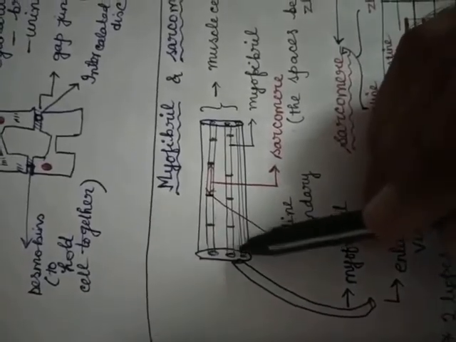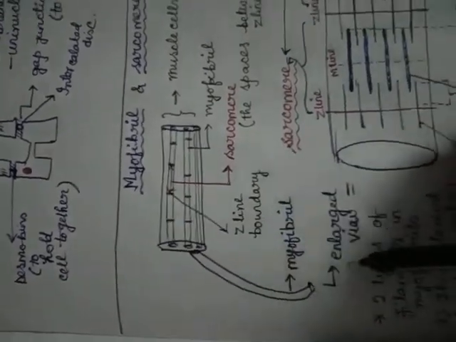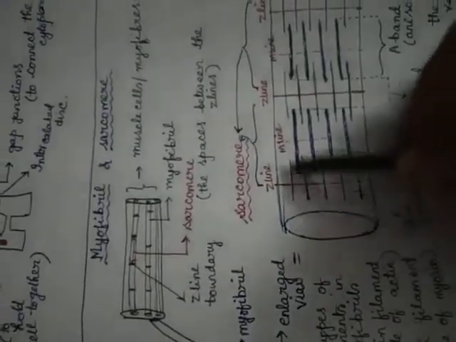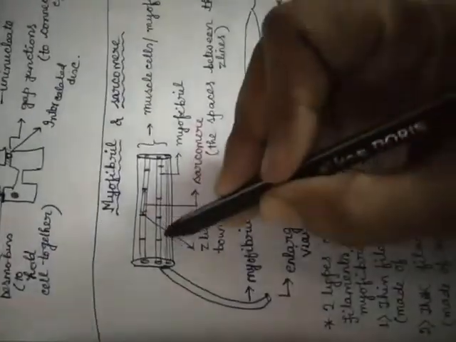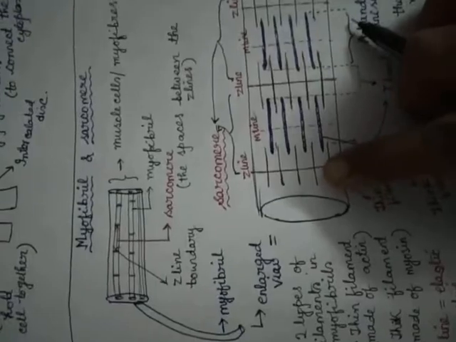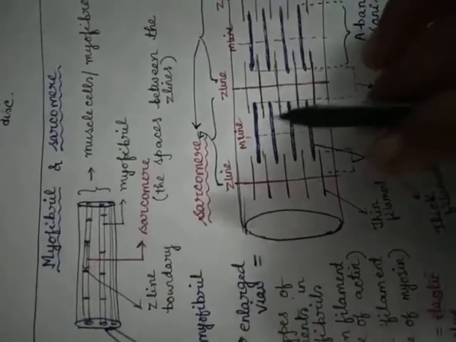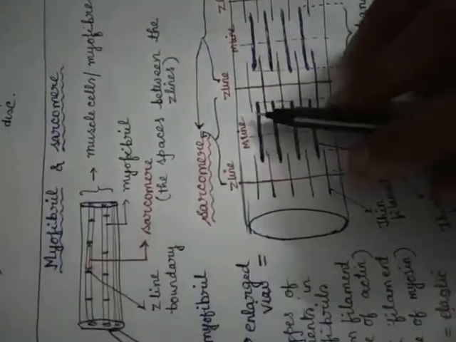Just imagine that we have pulled out one of the myofibrils, and here I am trying to show you the enlarged view of this myofibril. Suppose this myofibril is taken out, and this enlarged view is the entire myofibril. Now we have to know what parts are present within the myofibril.